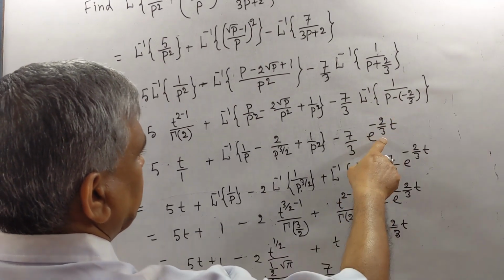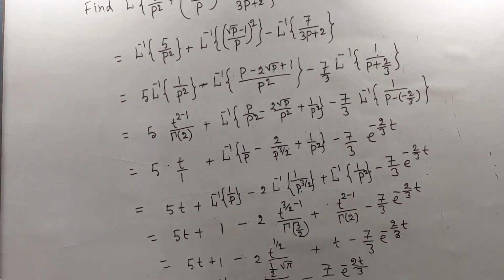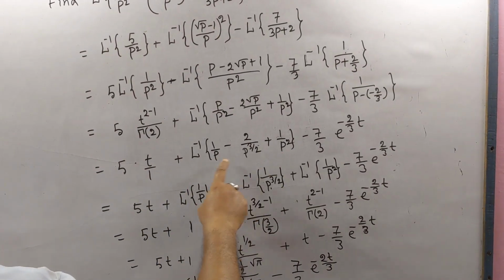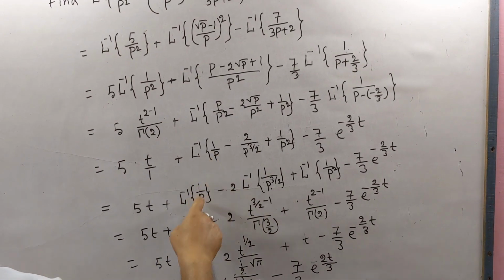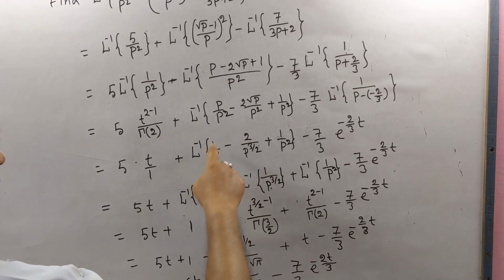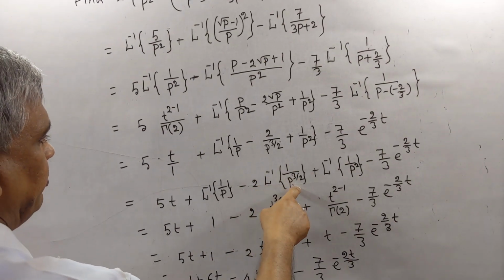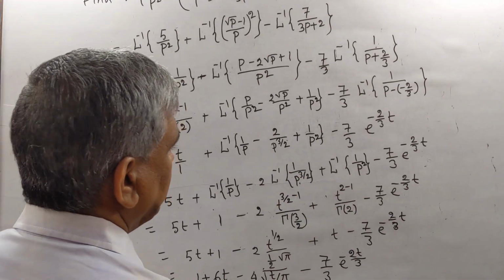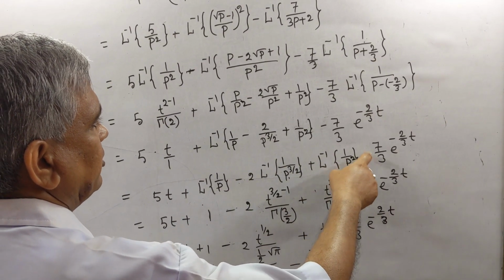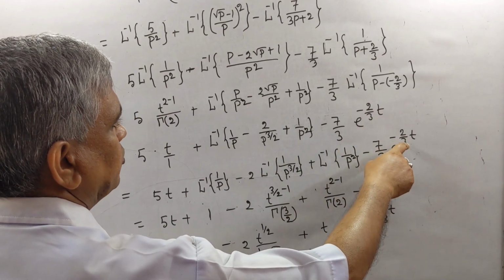Here a is minus 2 by 3. So here we get 5t. Here we take separately L inverse 1 by p minus L inverse 2 outside 1 by p to the power 3 by 2, plus L inverse 1 by p square, minus 7 by 3 e to the power minus 2 by 3t.